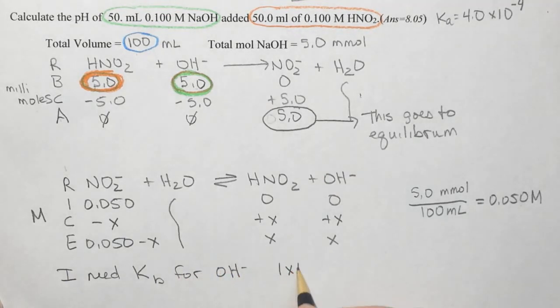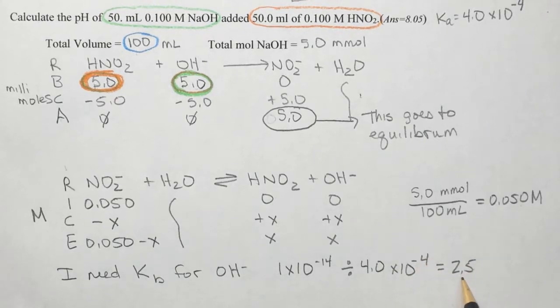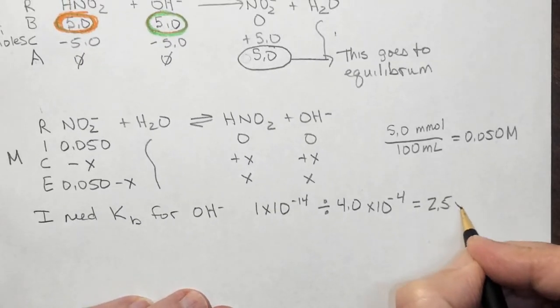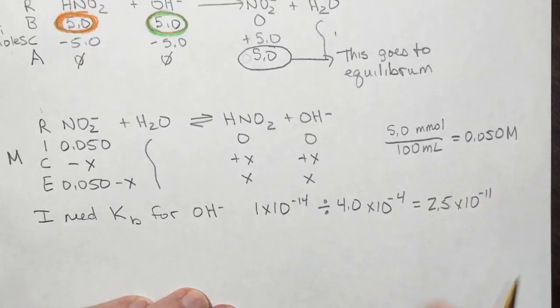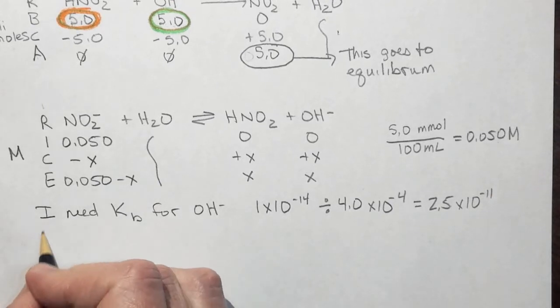So I'm going to take 1 times 10 to the negative 14th and divide that by my Ka value, which is 4.0 times 10 to the negative 4th, which is going to be equal to 2.5 times 10 to the negative 11th.